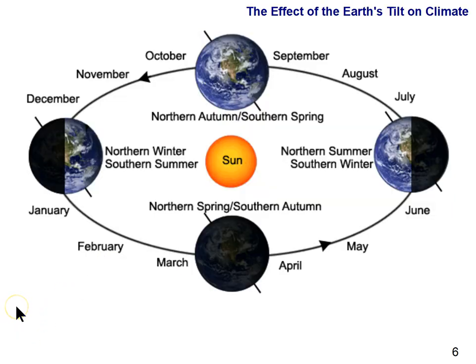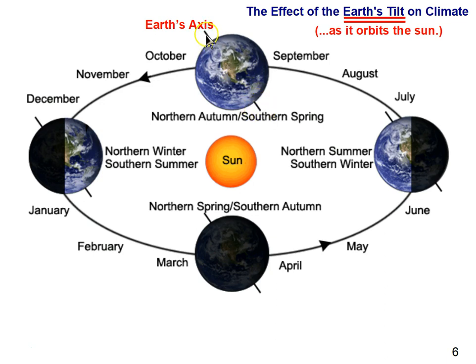Just like the effect of latitude, the effect of the Earth's tilt on its axis as it orbits the sun has an effect on how directly the sun strikes the Earth, and the amount of energy then that's absorbed at any one position on the Earth. So the idea here is that the Earth has an invisible axis.